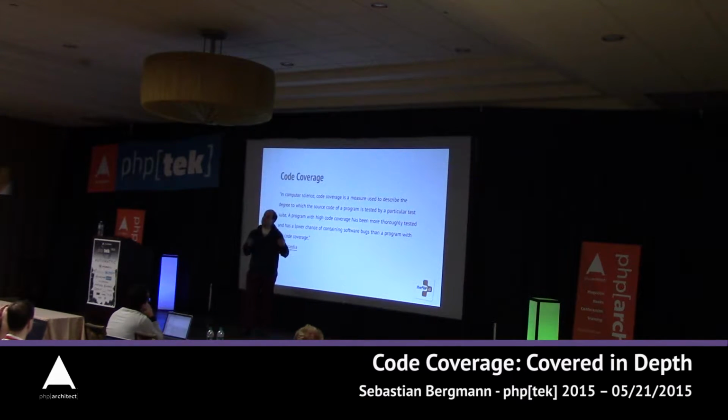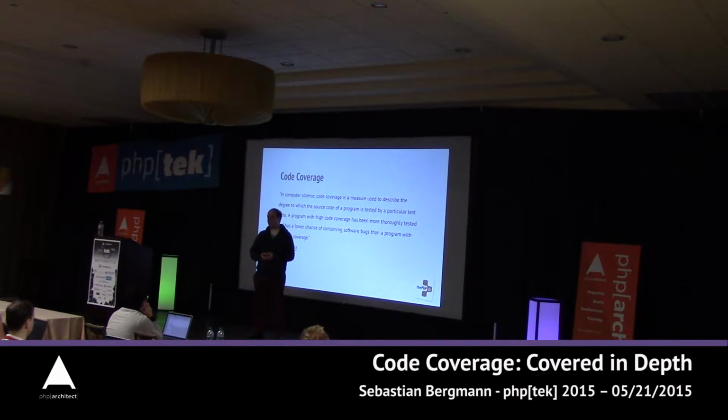And of course, there's a much more formal and drier definition, if you will, of what code coverage is. If you look at Wikipedia, for instance, you'll find that in computer science, code coverage is a measure used to describe the degree to which the source code of a program is tested by a particular test suite.